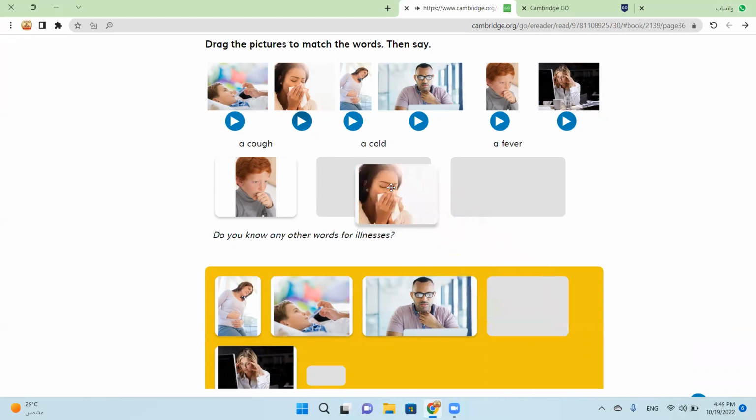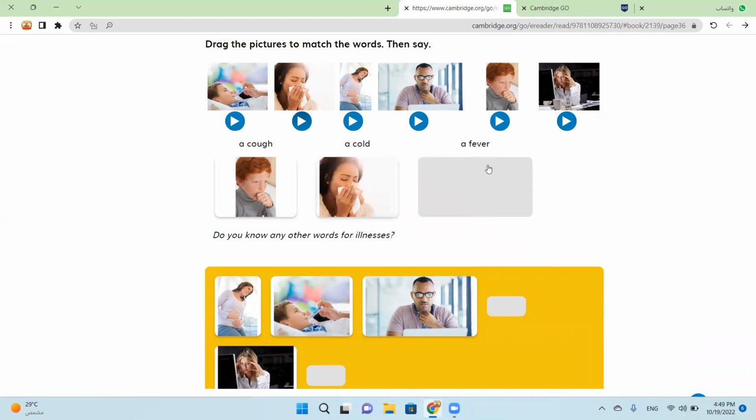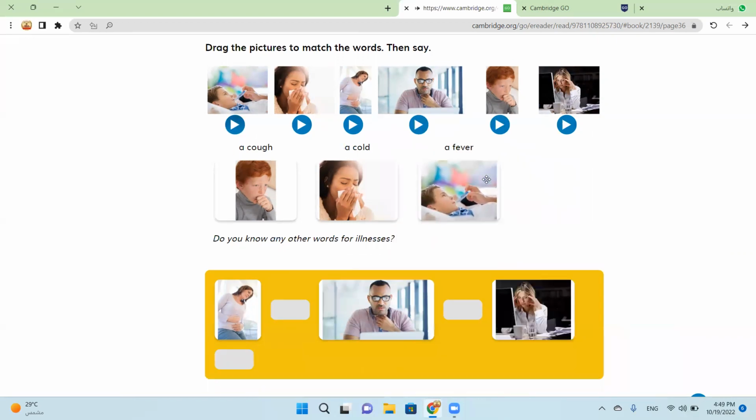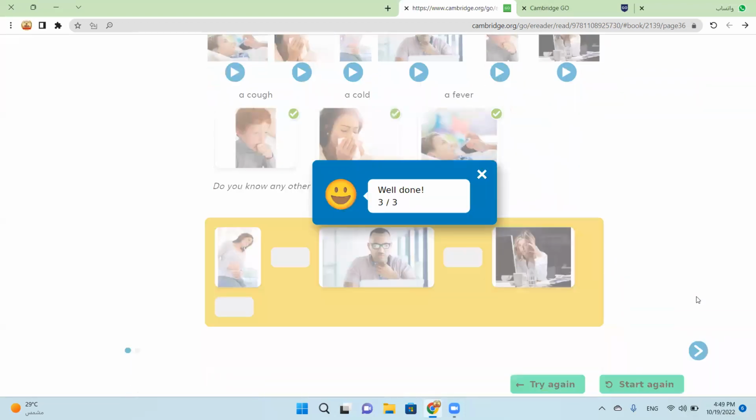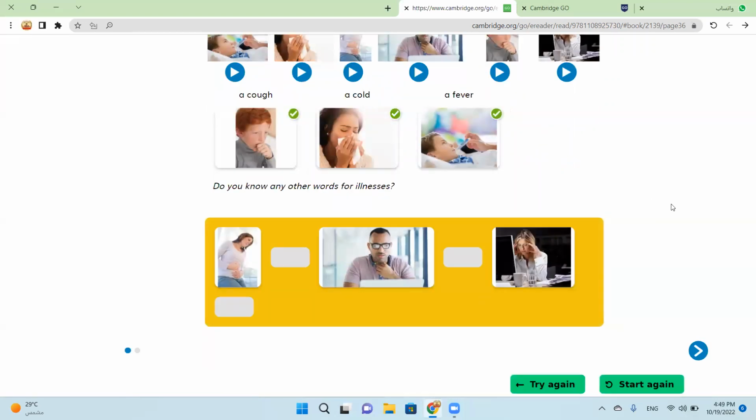The final word is a fever. Which one is it? A sore throat. No. A cough. No. A fever. This one. Let's check our answers together. Well done. We got a full mark.